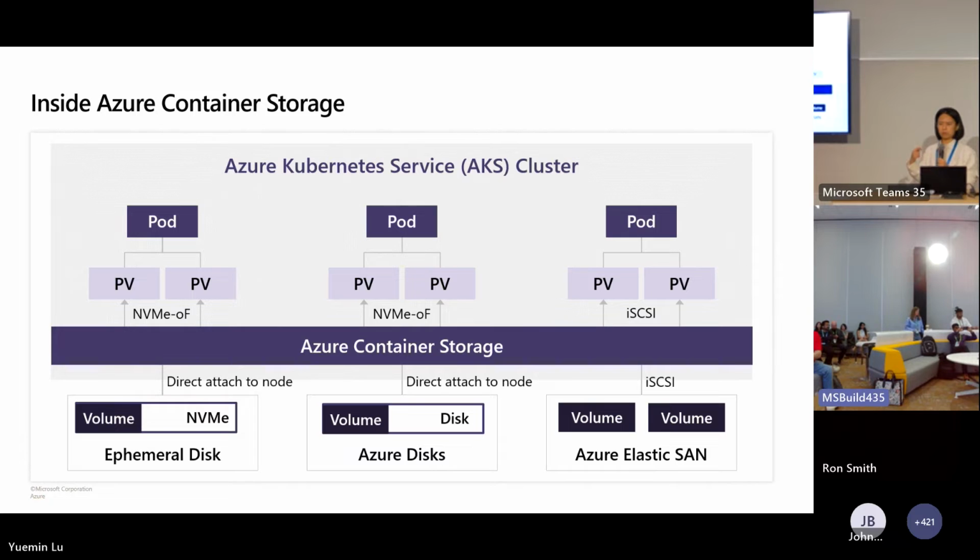I'm going to drill a little deeper into two architectural designs that we have chosen to give you benefits in scale and cost efficiency. First, I want to highlight that with Azure Container Storage, instead of doing a host mount of your persistent volumes, we leverage the service to front an NVMe over Fabric endpoint so that we can directly guest mount your persistent volumes into your pod.